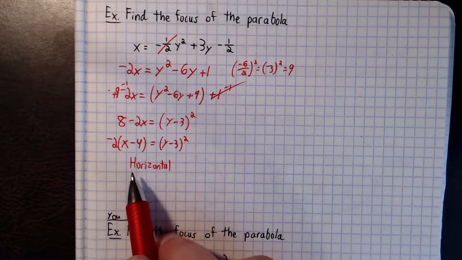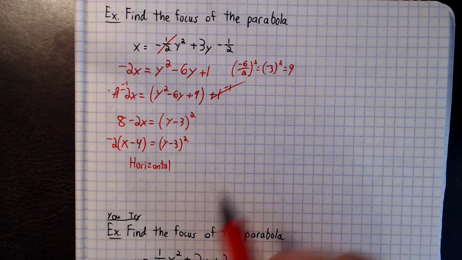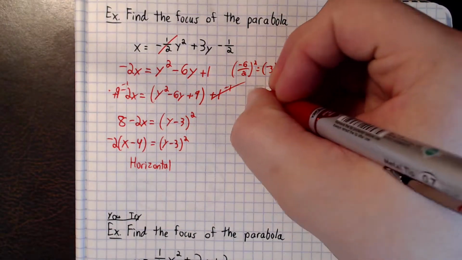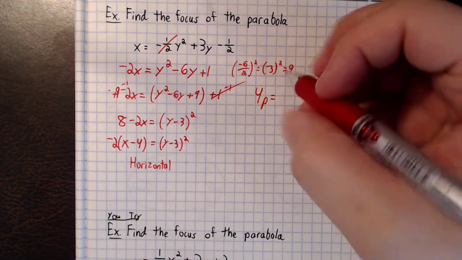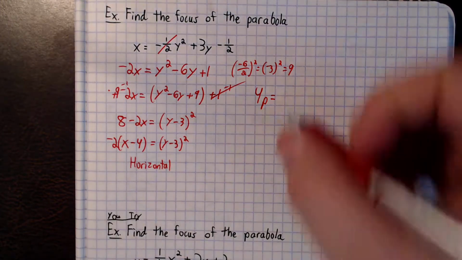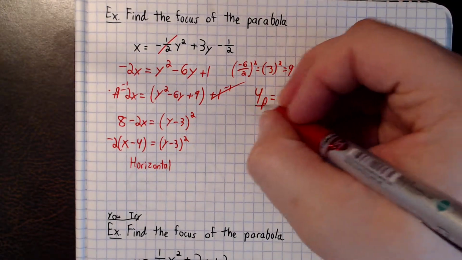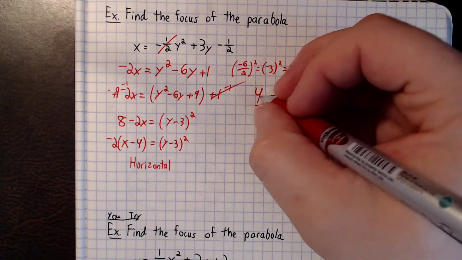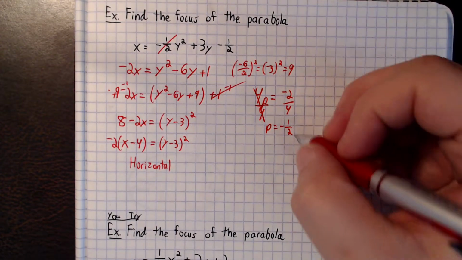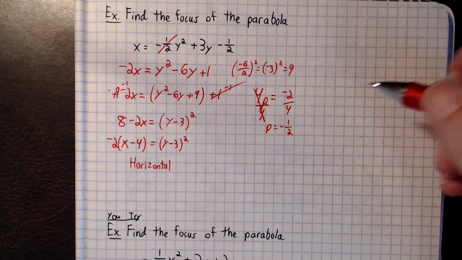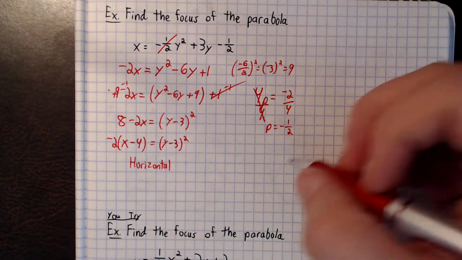So the only thing we need now is P, and then we can figure out the rest of the stuff pretty easily. Right? We know that 4P is equal to -2. If we divide by 4, we get -1/2. So that's our p-value. Why do we need that?